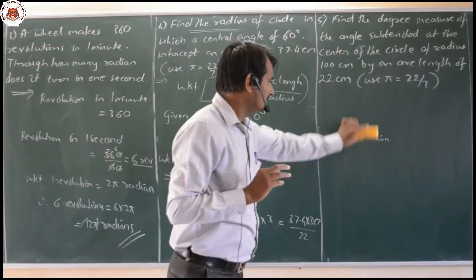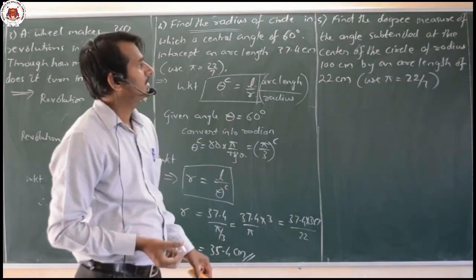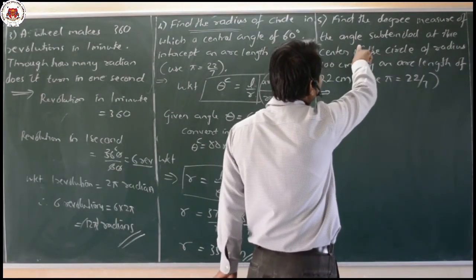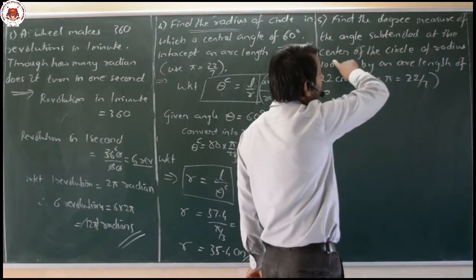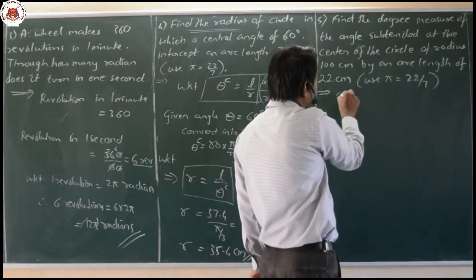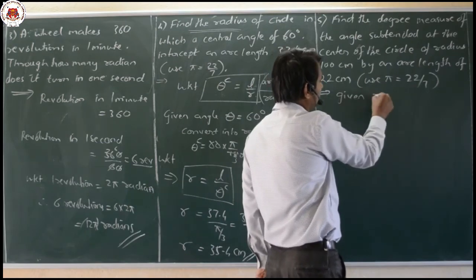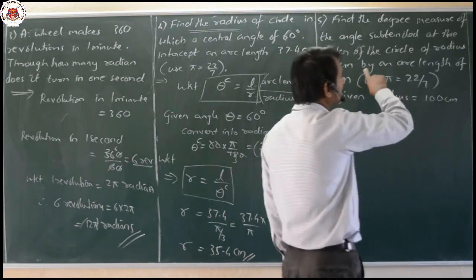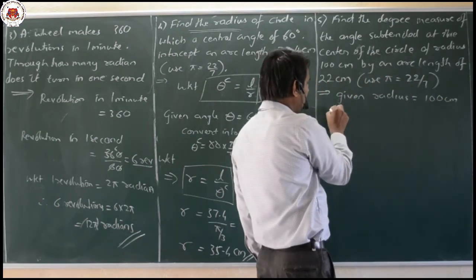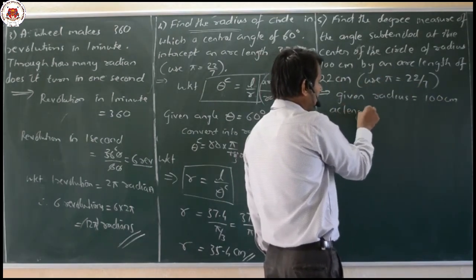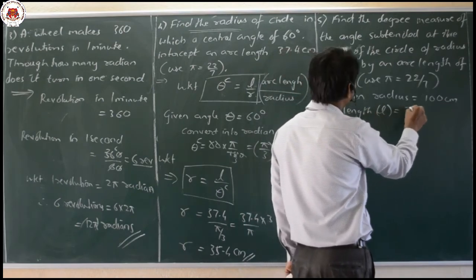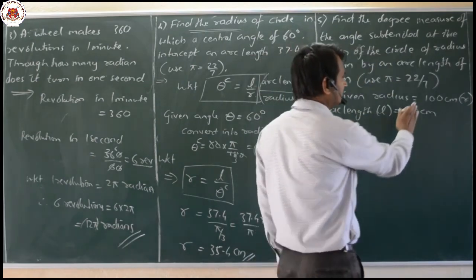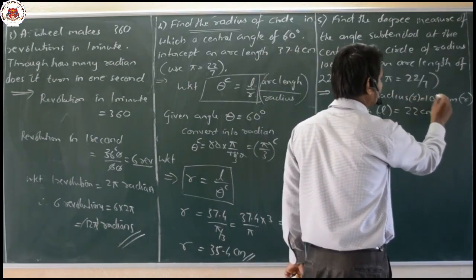Now the next question: find the degree measure of the angle subtended at the center of a circle of radius 100 centimeter by an arc length of 22 centimeter. Here the arc length is L, which is 22 centimeter, and the radius R is equal to 100.